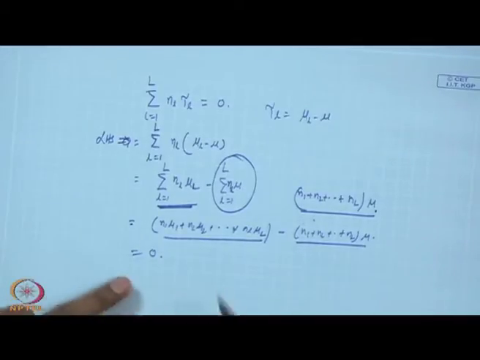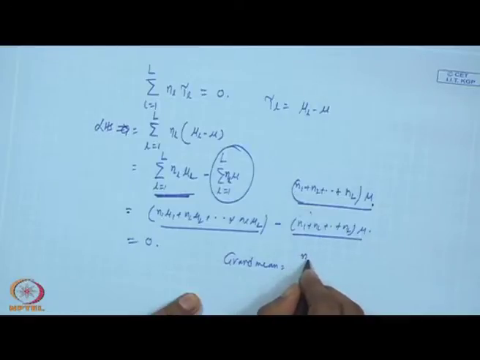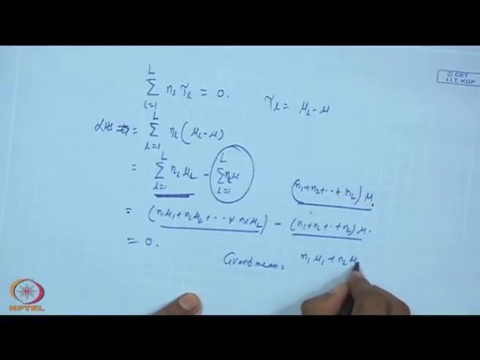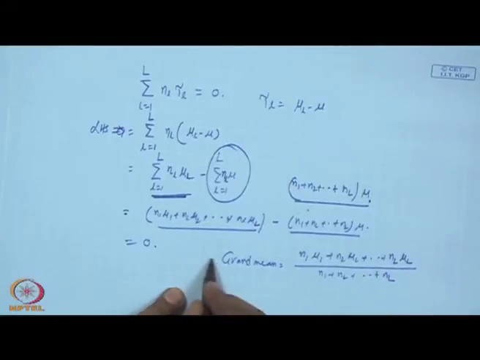You have to understand that the grand mean is the mean of the means, weighted case here: N 1 mu 1 plus N 2 mu 2 plus N L mu L by the total frequency, and this one is mu.